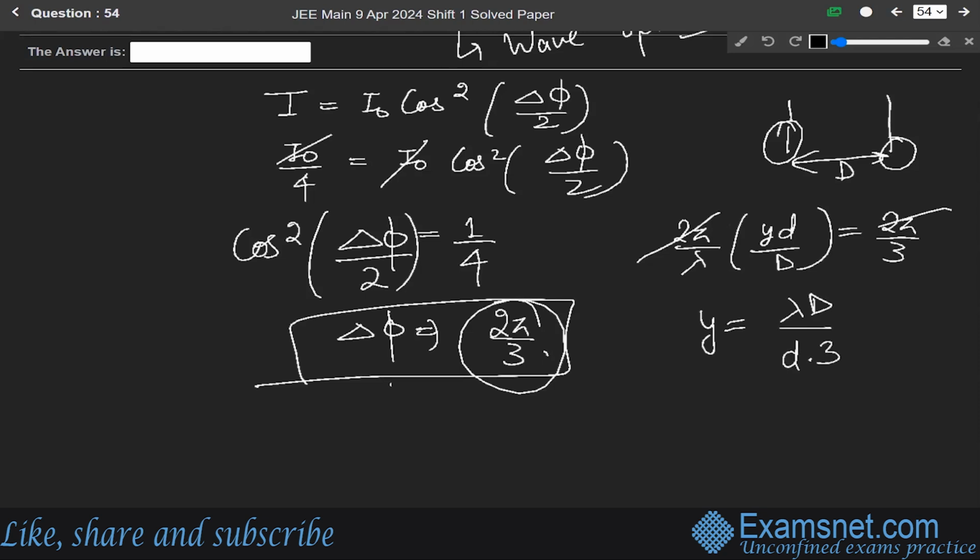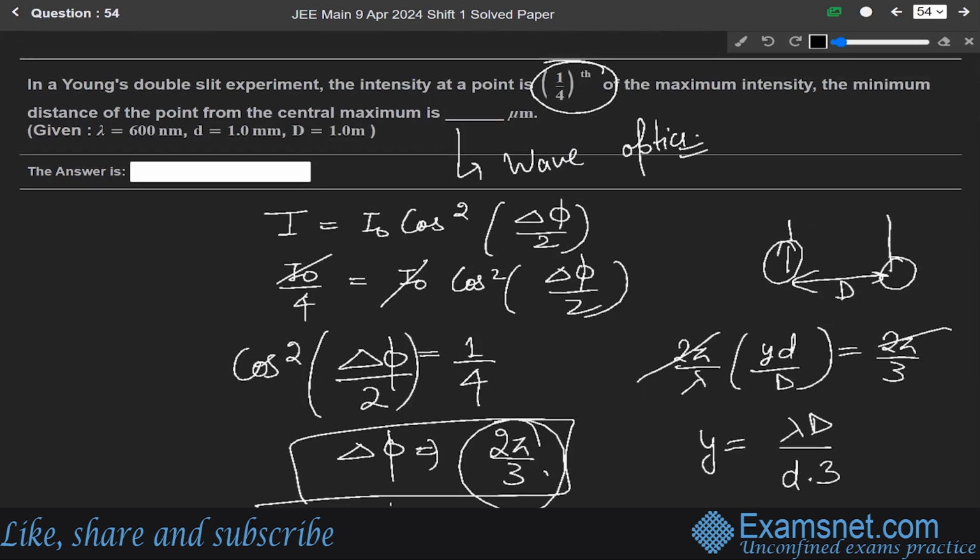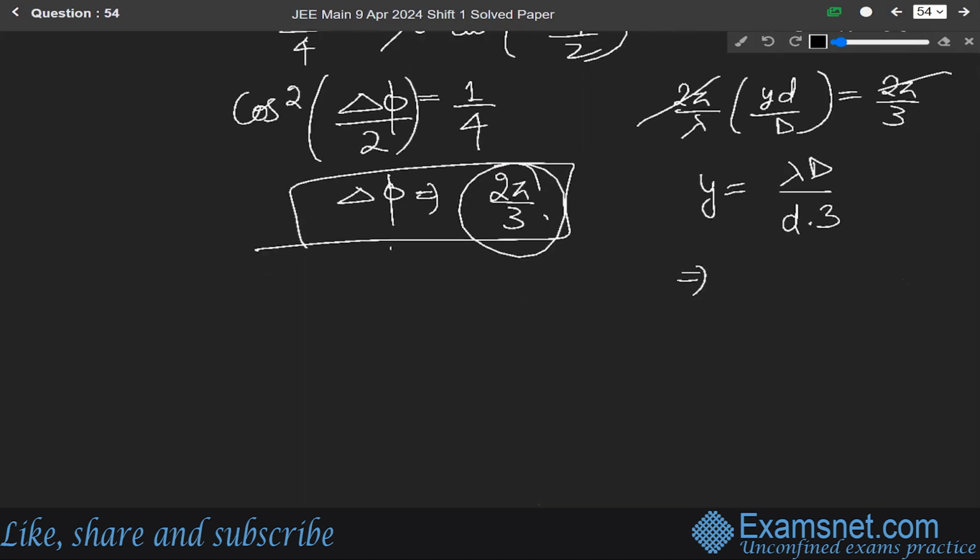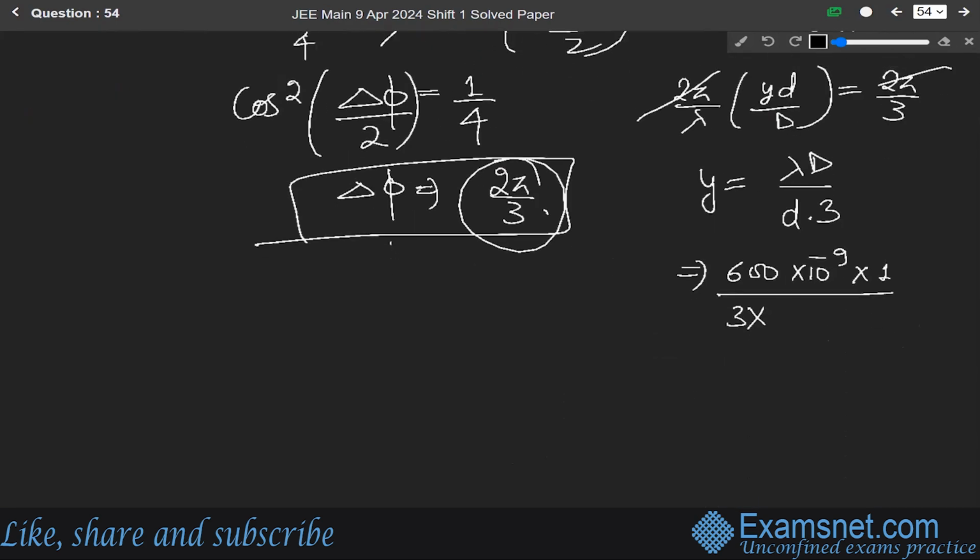Okay, so wavelength lambda is given as 600 nanometer, d is 1 millimeter and capital D is 1 meter. 600 nanometer means 600 into 10 to the power minus 9. Capital D is 1 meter and d is 1 millimeter, 1 into 10 to the power minus 3, into this 3.